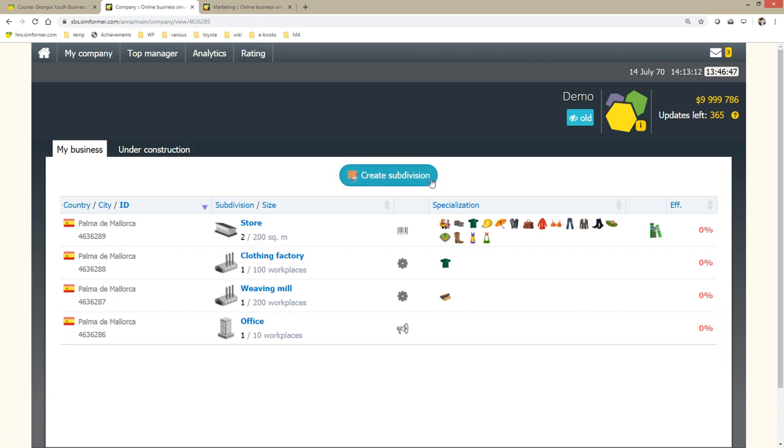So specifically, there we are. As you can see, this is a browser-based solution. I would recommend working with either Chrome or Firefox. These two work best.